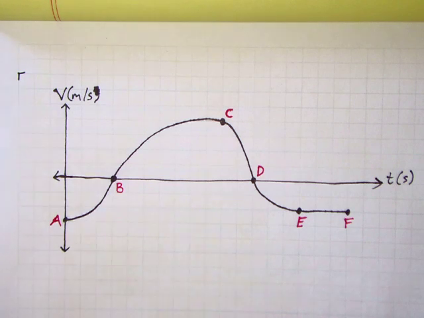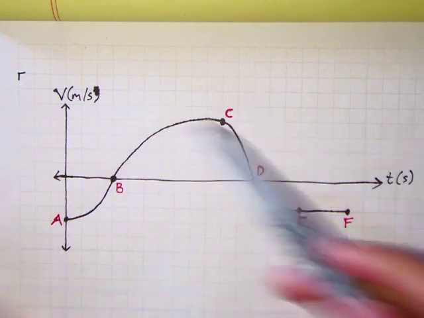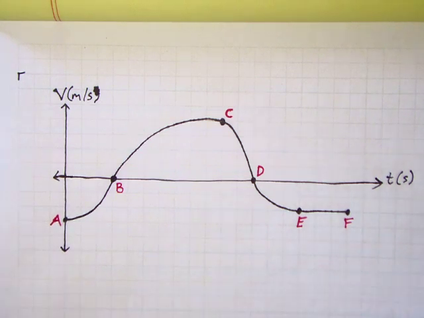Okay, here is the graph of another object's motion, its velocity versus time. I've got a few events marked on here, and I have several questions for you.